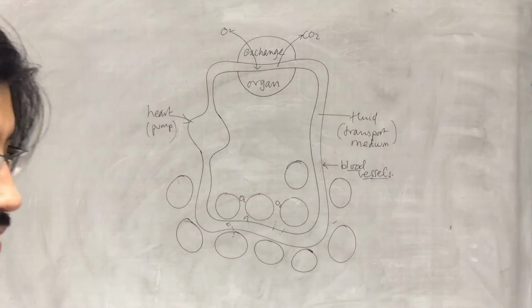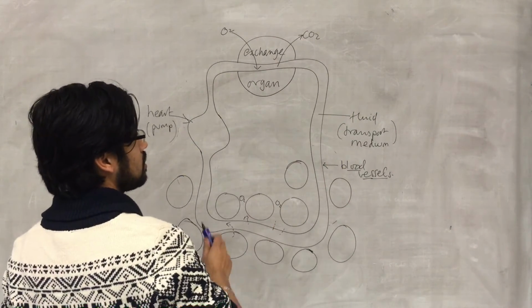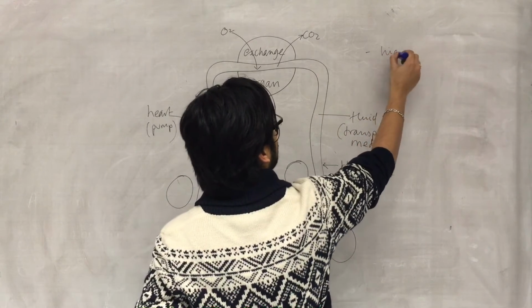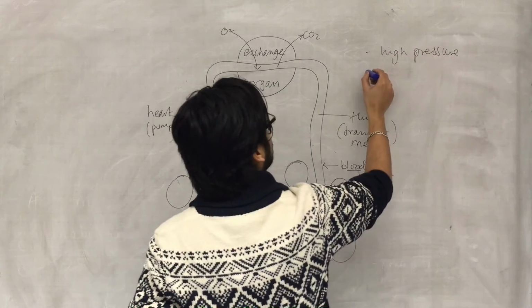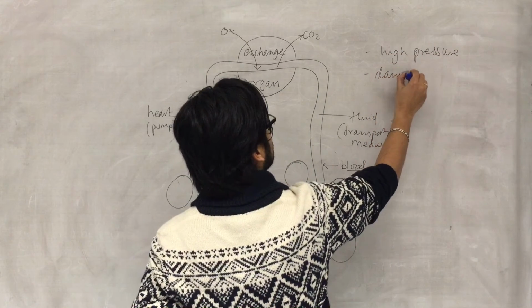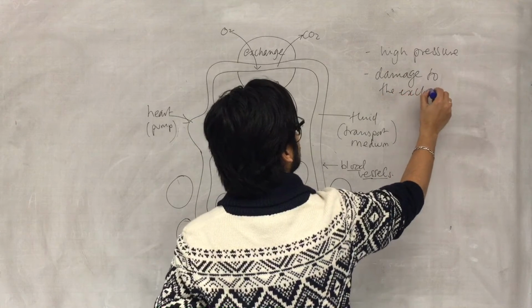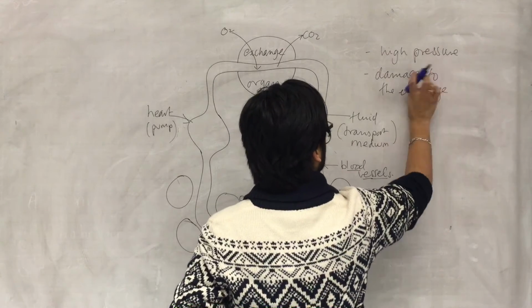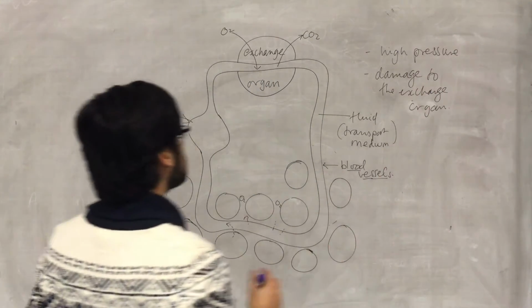So if you increase the pressure too high in a single circulatory system like this one, right? So important points are that high pressures can cause damage to the exchange organ.